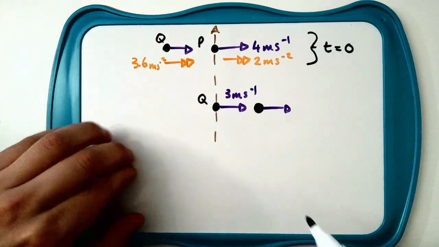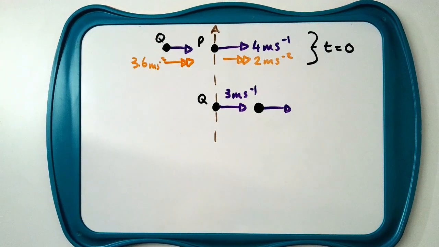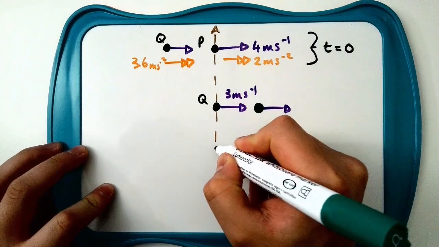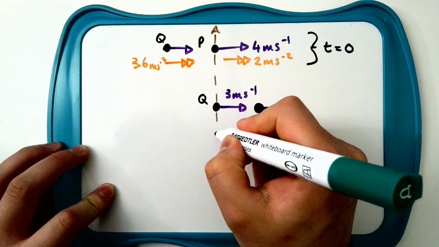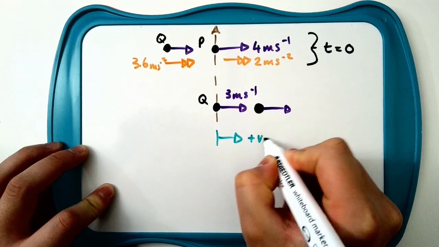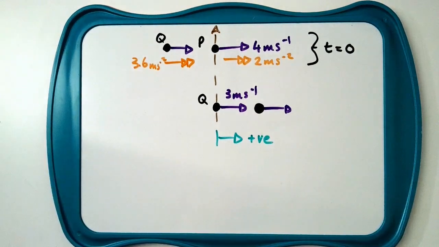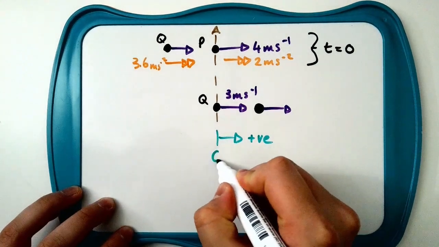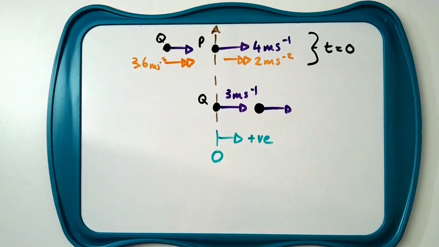Frame of reference is where we define the positive direction. I'm going to define the positive direction to be going to the right. This is the positive direction, but I also need to define where 0 displacement is. I'm going to set 0 to be here.